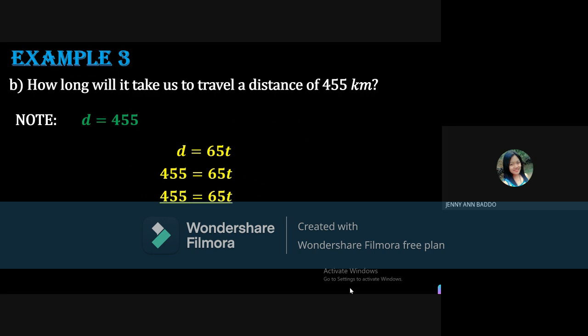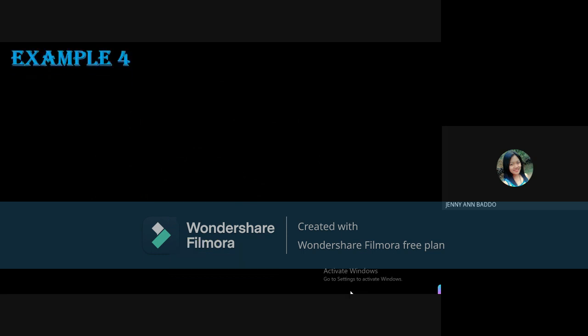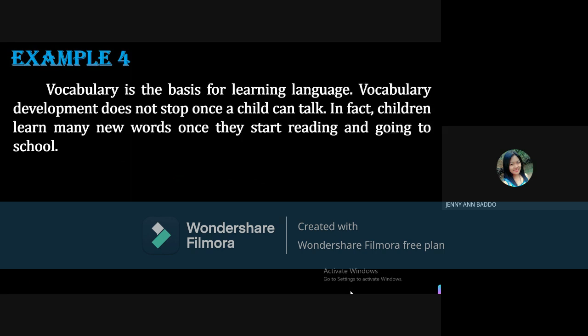Dividing both sides by 65, 455 divided by 65 is 7, and 65 divided by 65 is 1, times t, we have t. Therefore, 7 equals t, or t equals 7. Since we were asked for the time, the unit is hours. Therefore, t equals 7 hours. It will take us 7 hours to travel 455 kilometers.